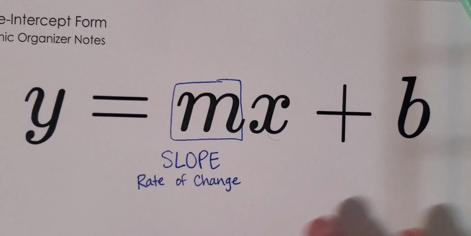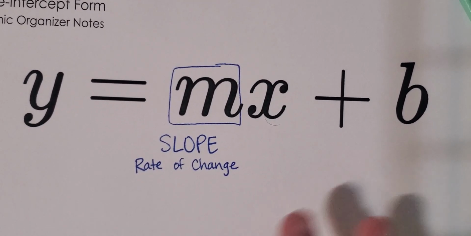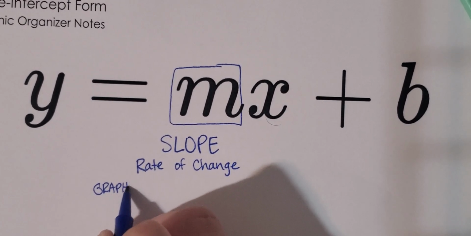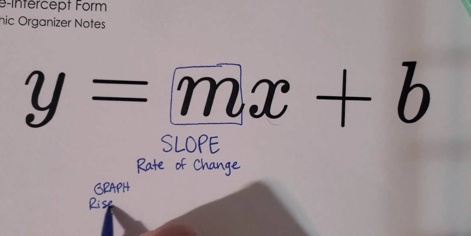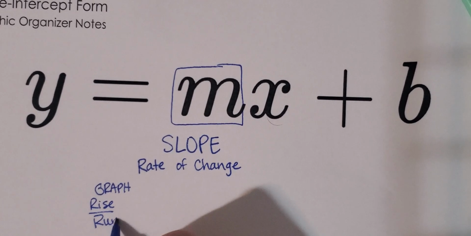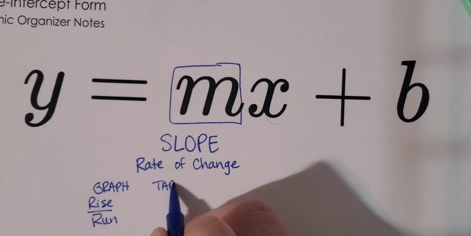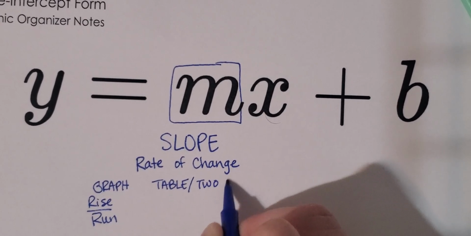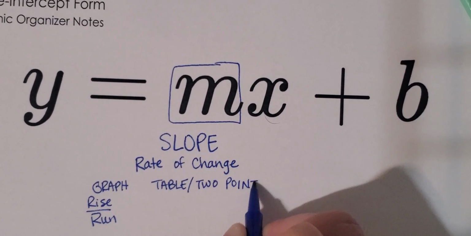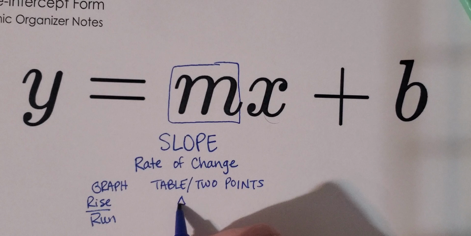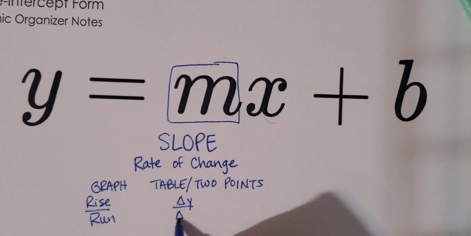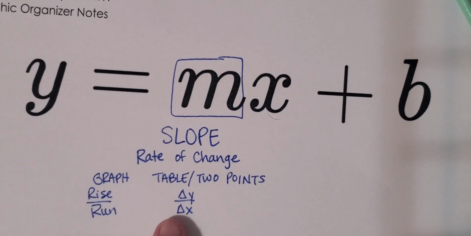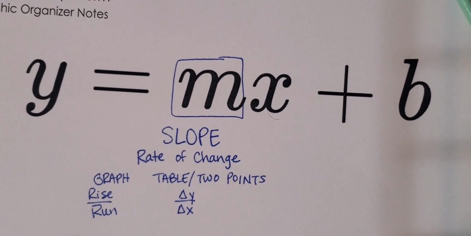We know that in a graph, we can find it from rise over run, or in a table or 2 points, we always find it by doing the change in y over the change in x, where we subtract our y values and subtract our x values and write it in a ratio.